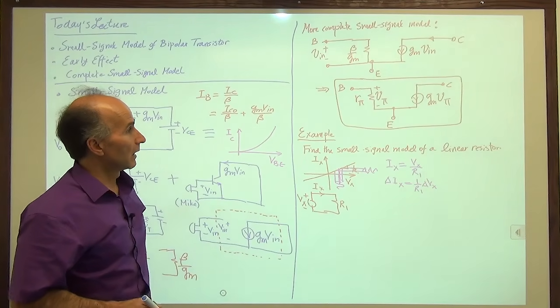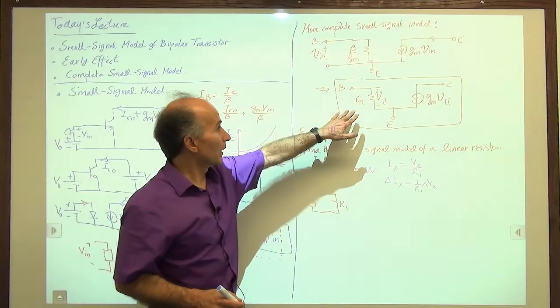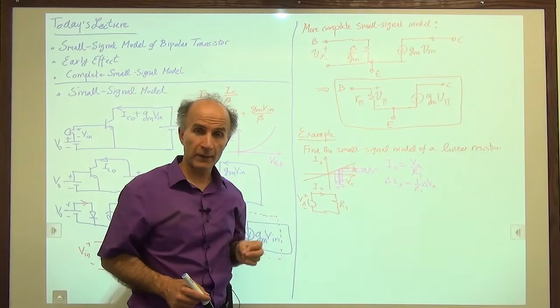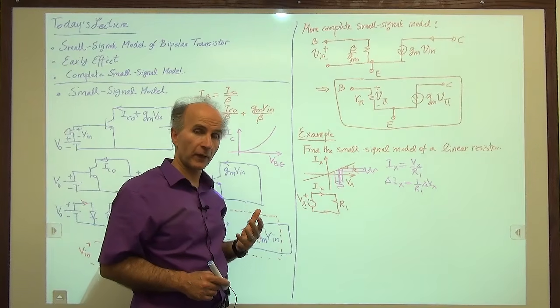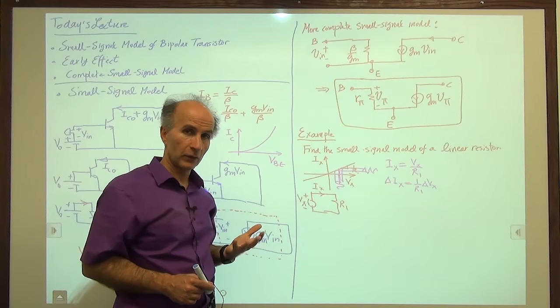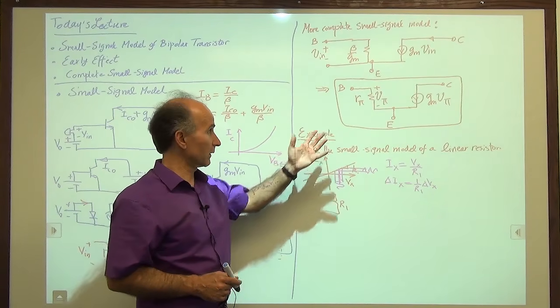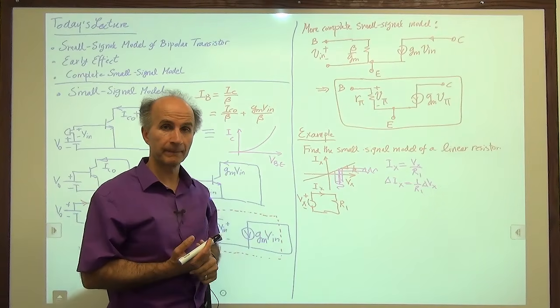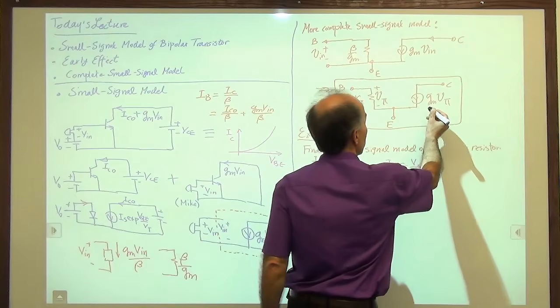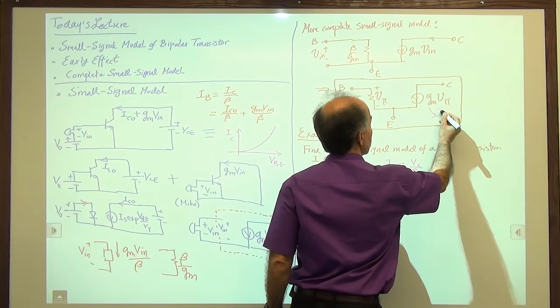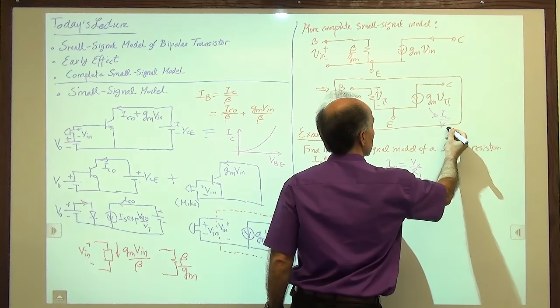Okay. All right. So if I give you a transistor and you bias it and you find the bias values, do you know how to construct the small signal model? Yes. We know that gm is equal to IC over VT.